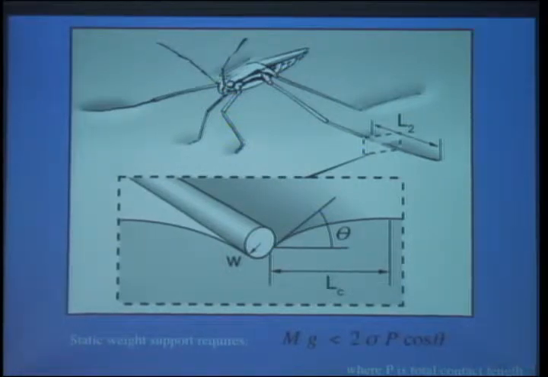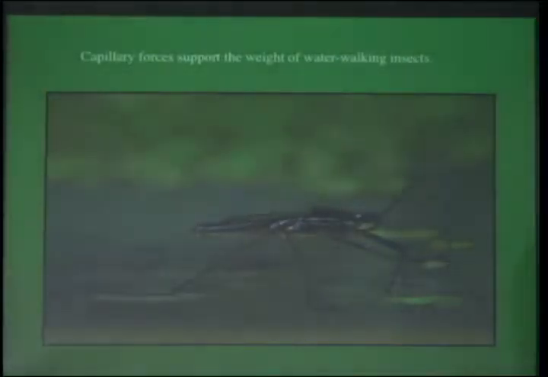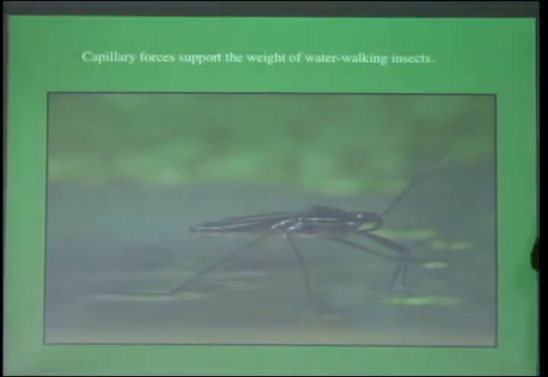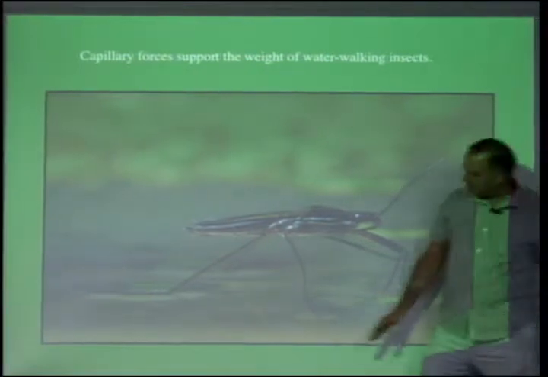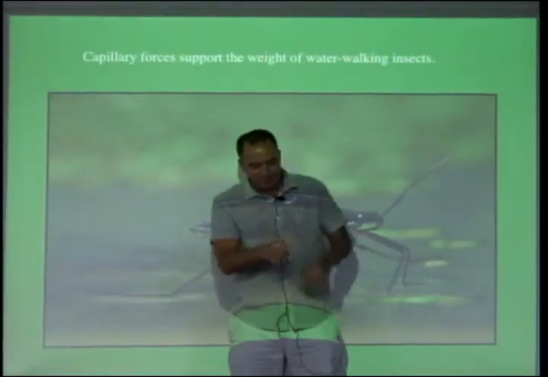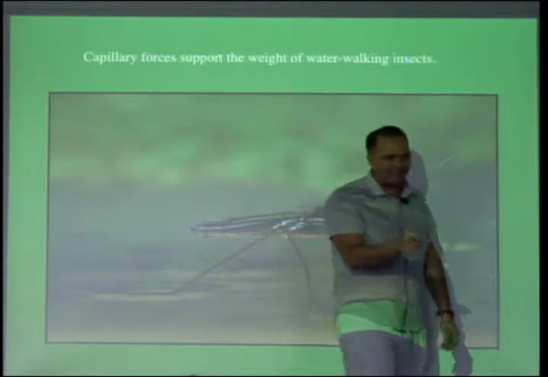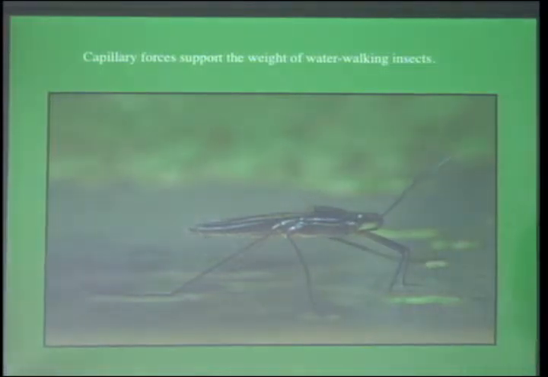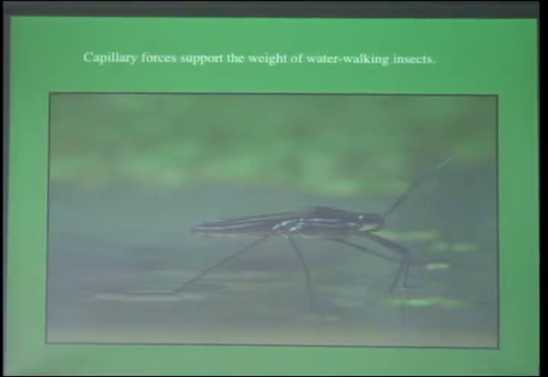Buoyancy contributes almost nothing because their legs are very small in dimension relative to the capillary length. You have surface tension acting like this, and then you have rho g z, but the deflection is very small, right? So the hydrostatic pressure is quite small if they're deflecting it very little.